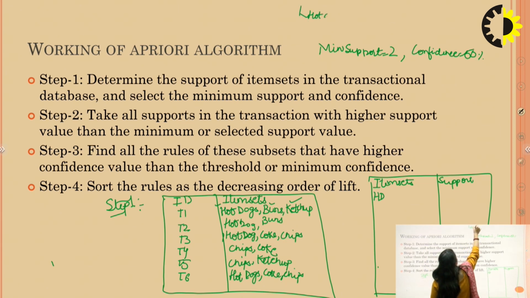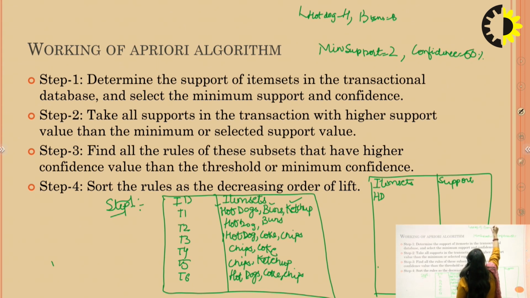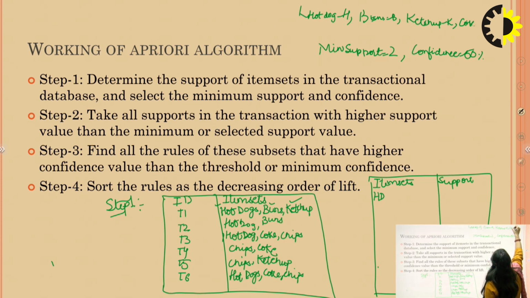Hot dog as H, buns as B, ketchup as K, Coke as C and chips as CH. So I'll write all these values in an abbreviated form.